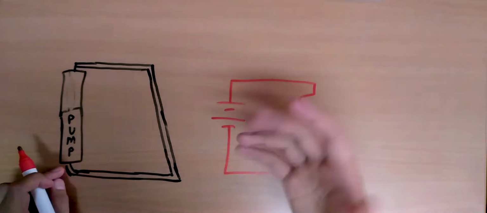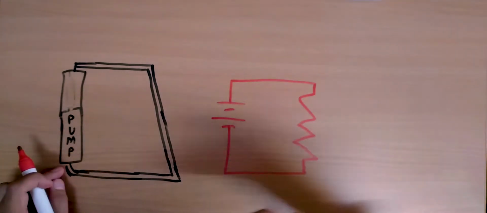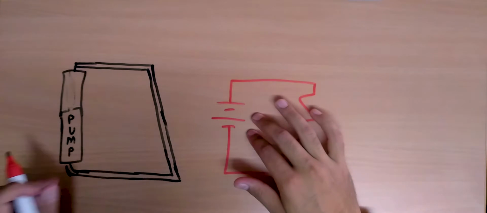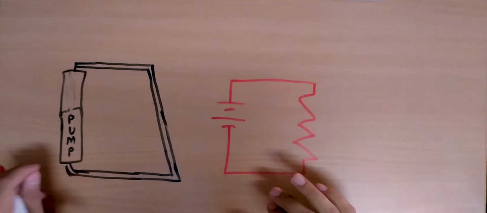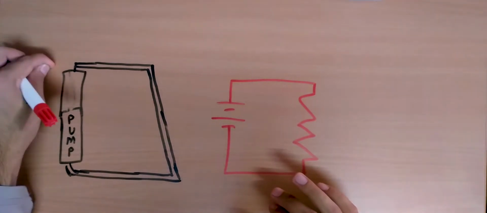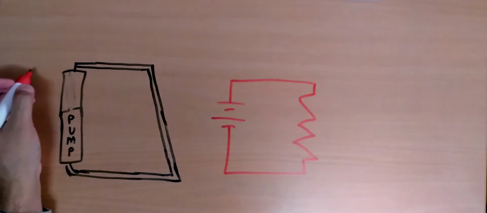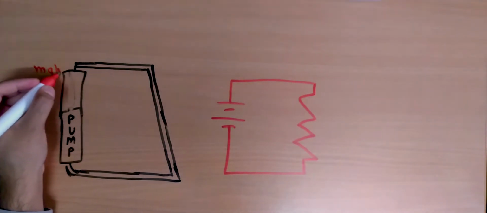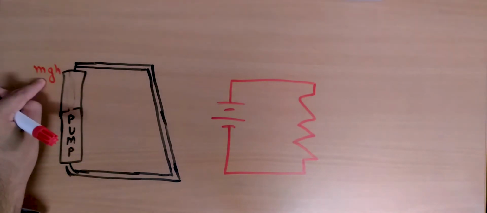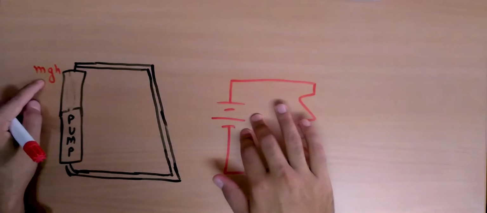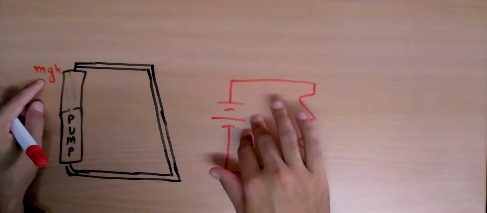Just like water, when water enters the pump from this direction, the water is raised to some height, giving it some potential energy given by mgh. I hope you remember that. So the pump gives the water some potential energy here. Similarly, the electrons are given some potential energy by the battery.